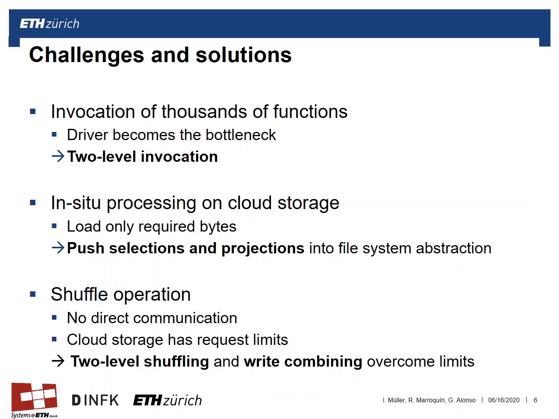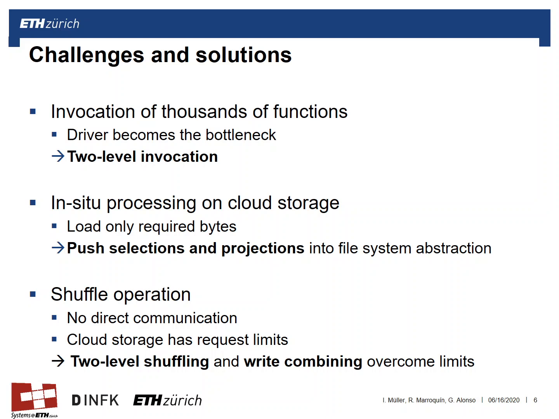Finally, and maybe most importantly, we built a shuffle operation that works around this absence of direct communication and goes through cloud storage instead. People have attempted that in the past, but thought that this inherently does not work in the serverless setup due to the request limits that the cloud providers have on cloud storage.